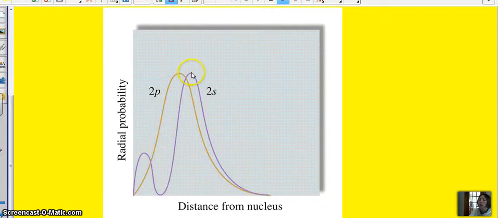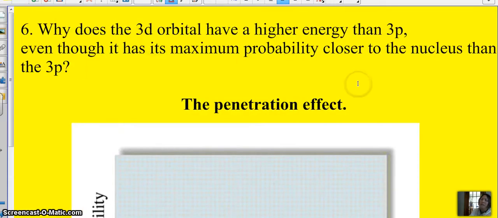So although S spends most of its time farther from the nucleus, the fact that it's able to penetrate through the P orbital closer to the nucleus is known as the penetration effect. And it is the reason why the S sublevel is lower in energy than the P sublevel, due to the penetration effect. The same thing also happens with 3d and 3p.